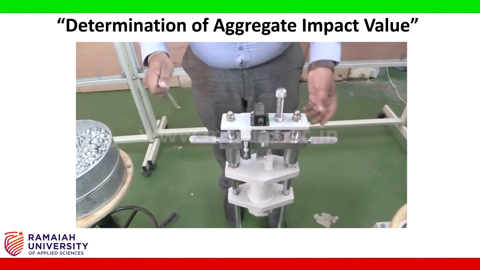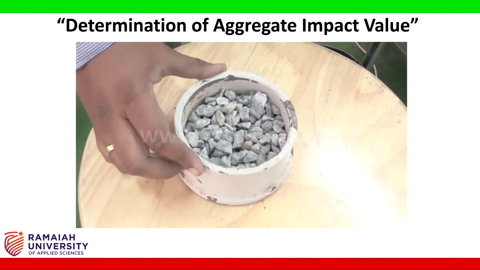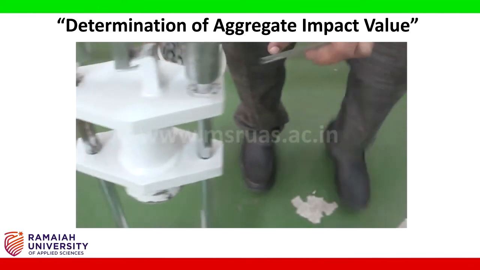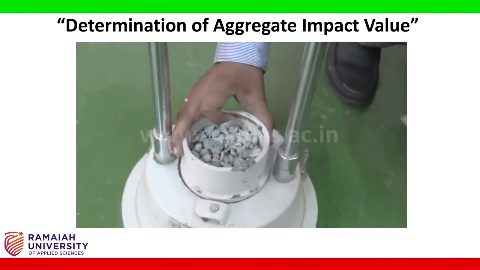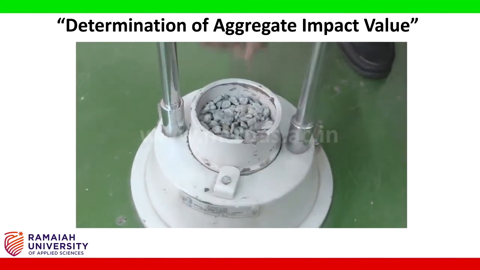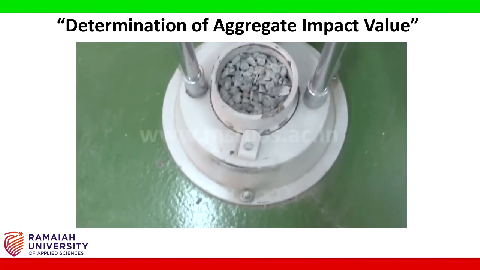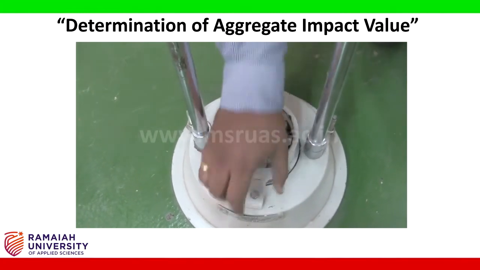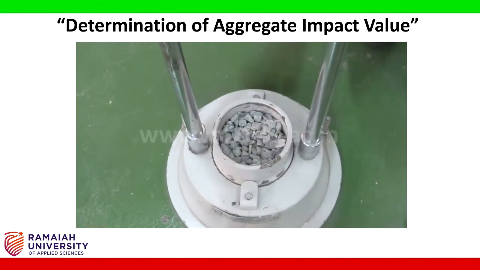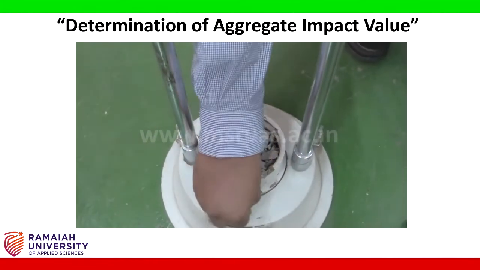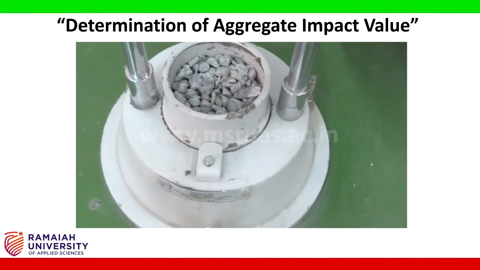Now this testing cylinder along with the aggregates is placed on the aggregate impact testing machine. There are 2 locks for it. We are going to make sure that it is locked by tightening the screws given over here.